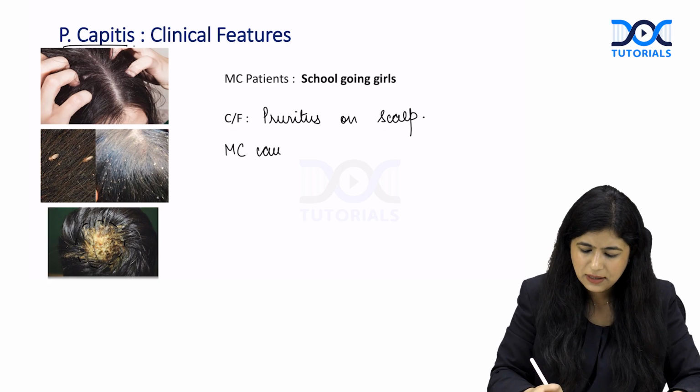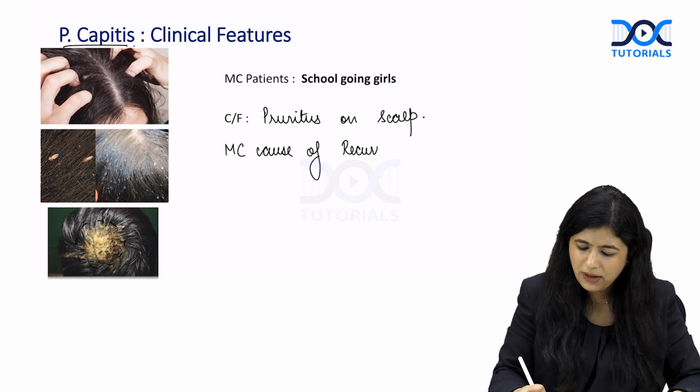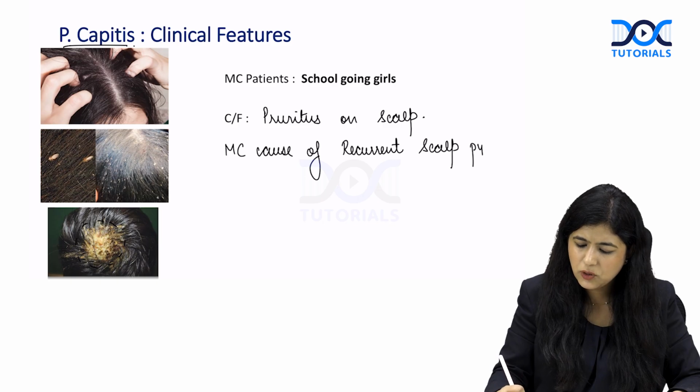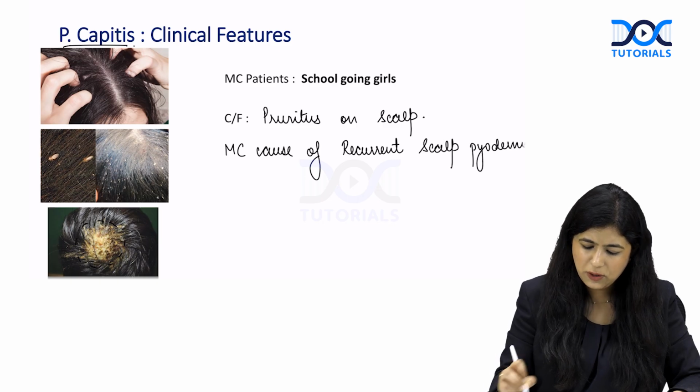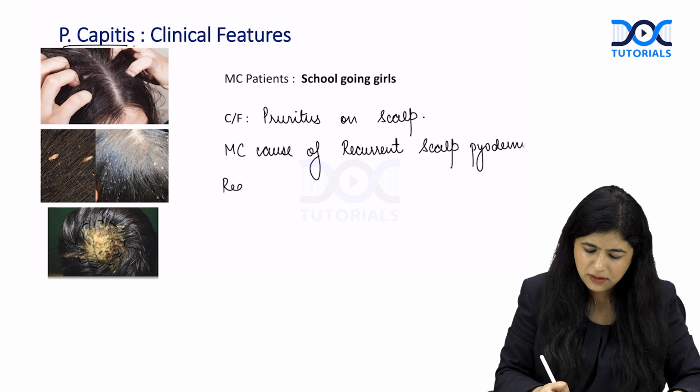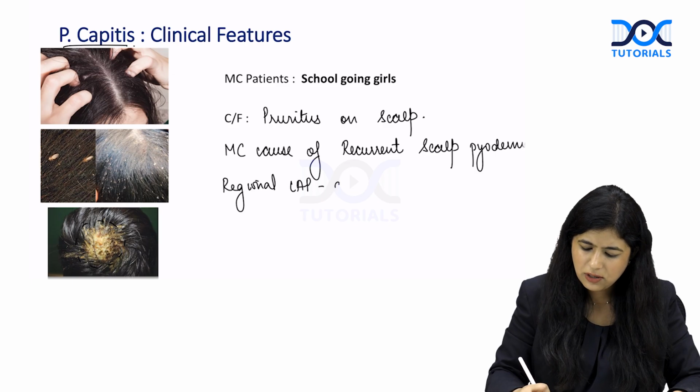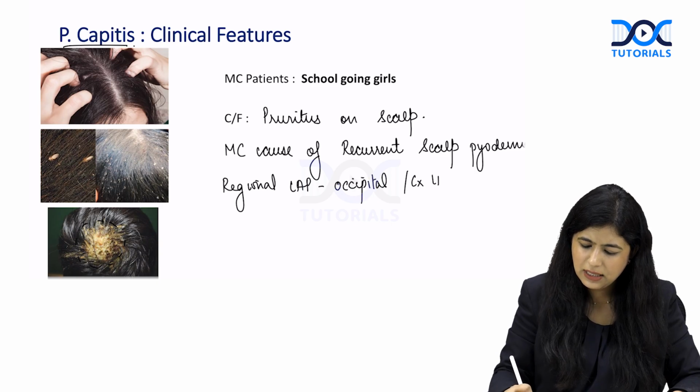In fact, pediculosis is the most common cause of recurrent scalp pyoderma in schoolgirls. When you examine the patient, you may see that the regional lymph nodes are enlarged, which includes occipital as well as cervical lymph nodes.